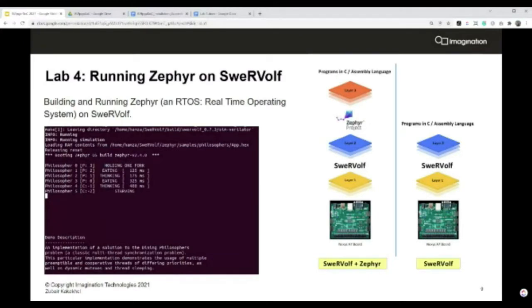But wherever there is an SoC, there is some software running on it. Lab 2 was focused on just the bare metal software. But generally speaking, most real world applications will be using a real time operating system. Zephyr is an open source real time operating system. And in Lab 4, we specifically show how to run Zephyr on SweRV.